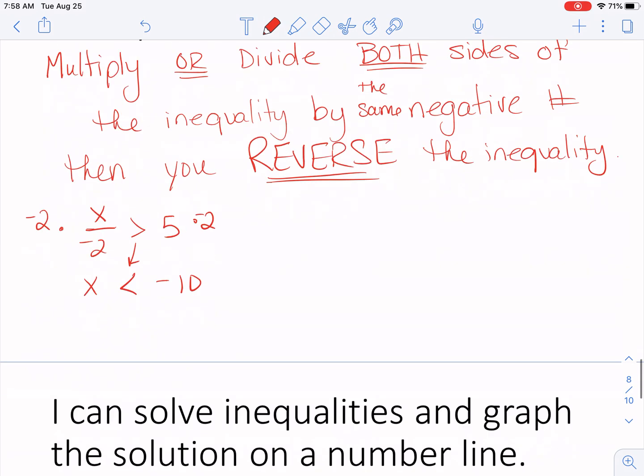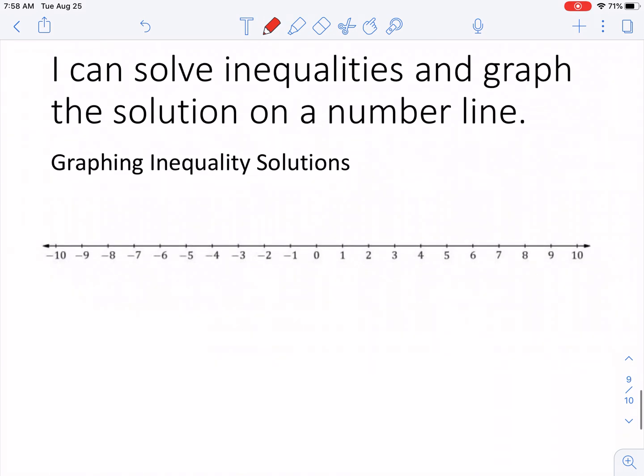Okay? All right, graphing. Let's graph x is greater than 2. So, we're going to locate the 2 on our number line, and we're going to say which numbers are greater than 2. Great, I heard you guys shout out 3, 4, 5, 6, 7, 8, 9, 10, and actually any number bigger than 2.